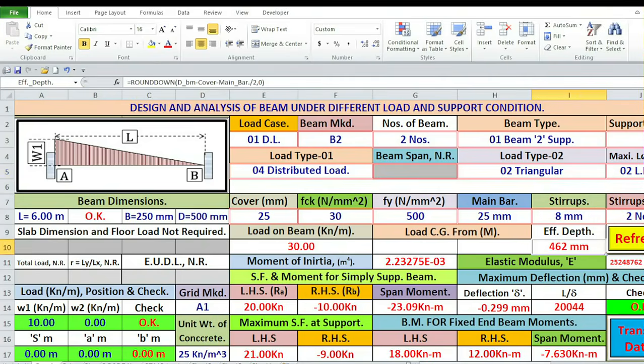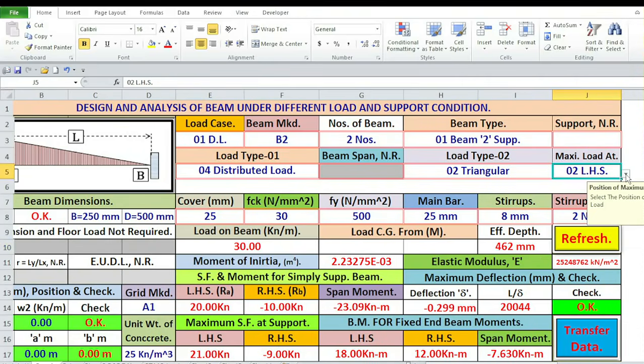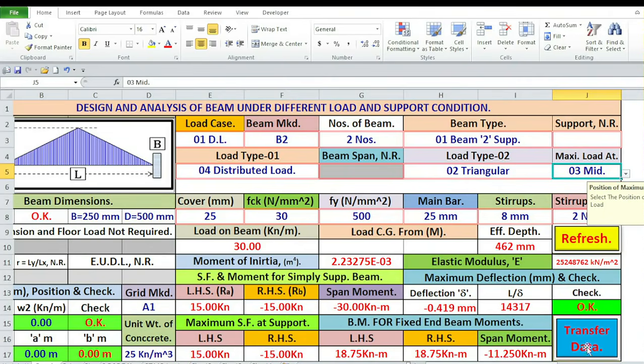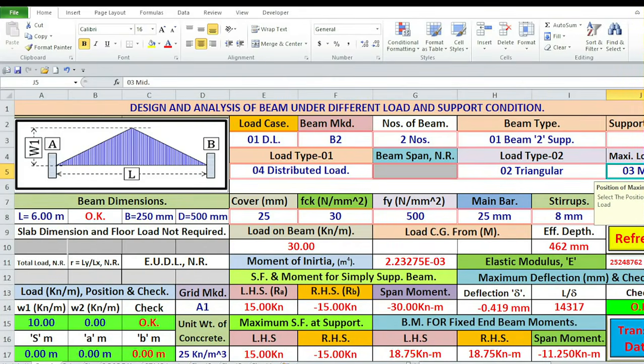Now I am changing position of the maximum load. Say the mid portion of the beam, the load is maximum, that is 10 kilonewton. And look here, shear force and moment for simply supported beam 15 kilonewton, left hand support shear force, and right hand support minus 15 kilonewton, span moment minus 30 kilonewton meter.